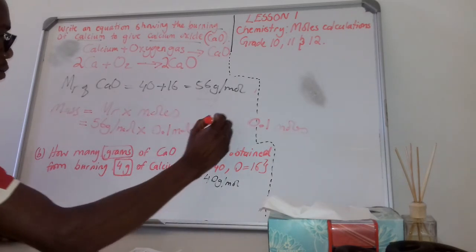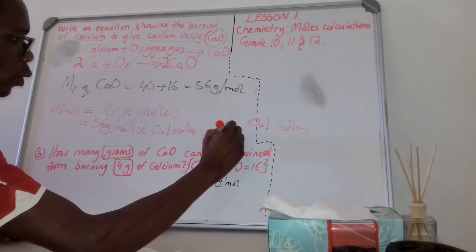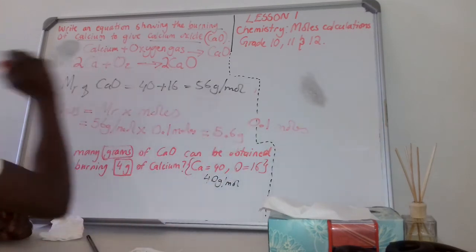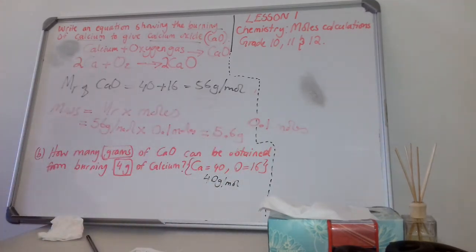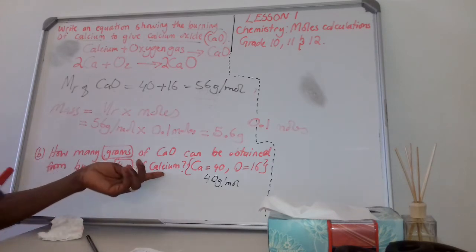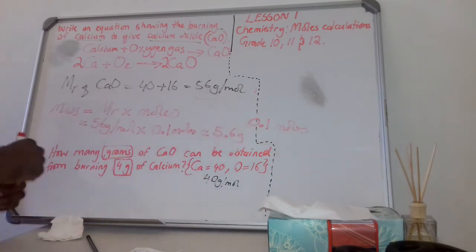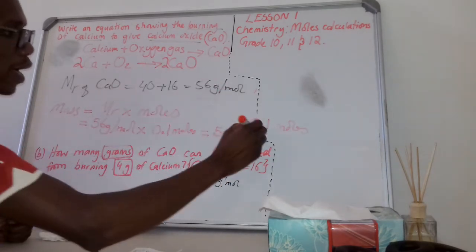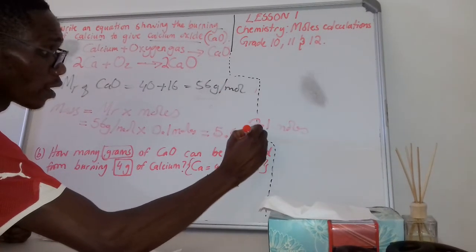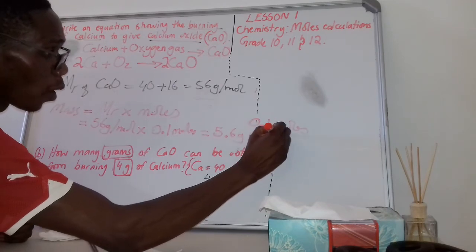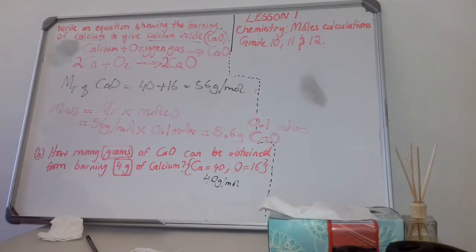That should give me 5.6 grams. So 4 grams of calcium must give me 5.6 grams of calcium oxide. There I go again, saying calcium carbonate. I don't know why I'm saying that.